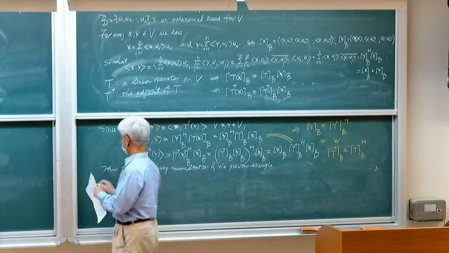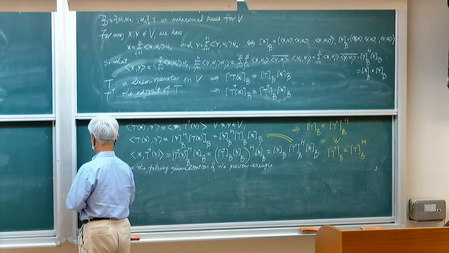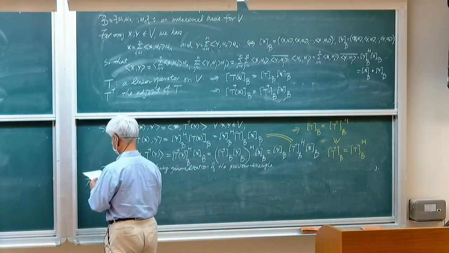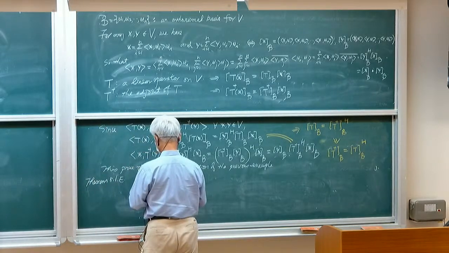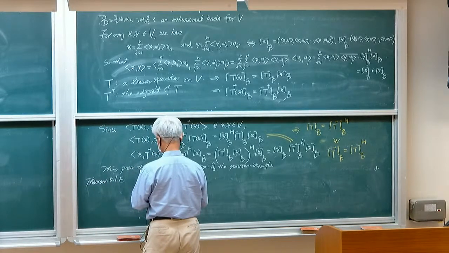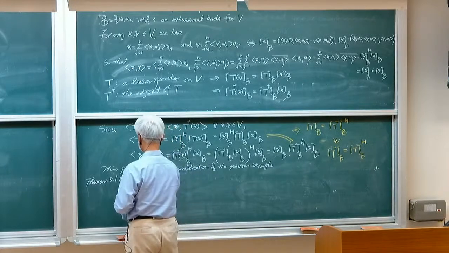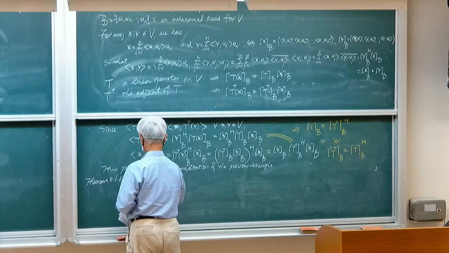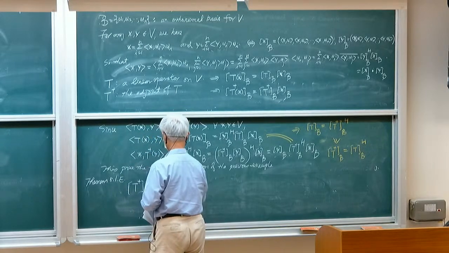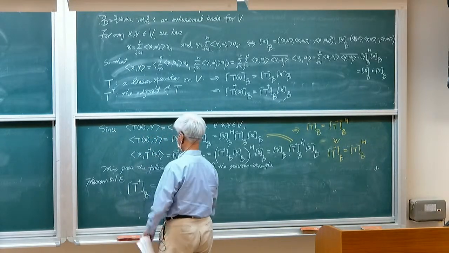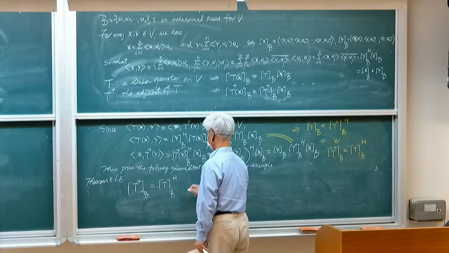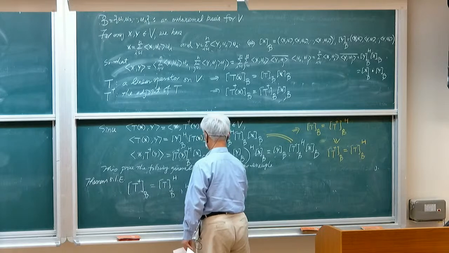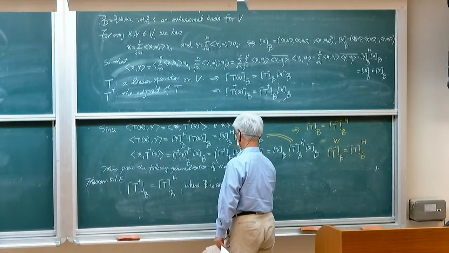Okay, and we call it Theorem 8.1.e. That T dagger B is equal to the Hermitian of T B, where B is an orthonormal basis.